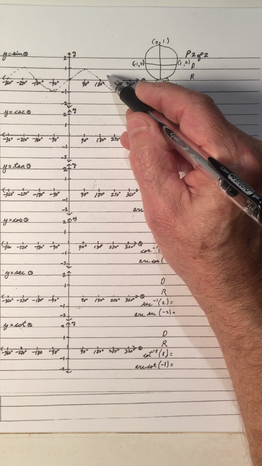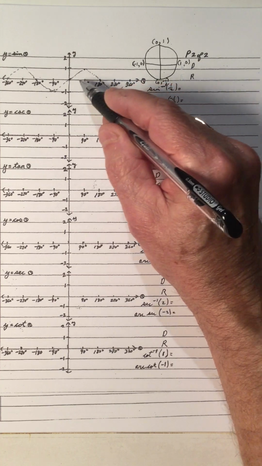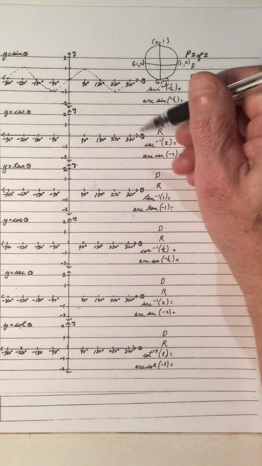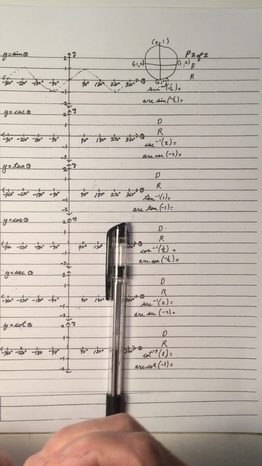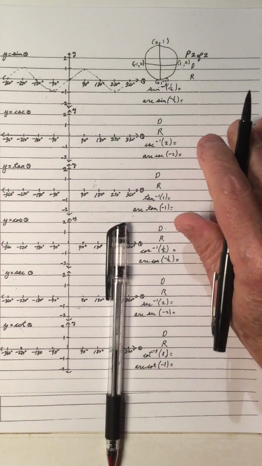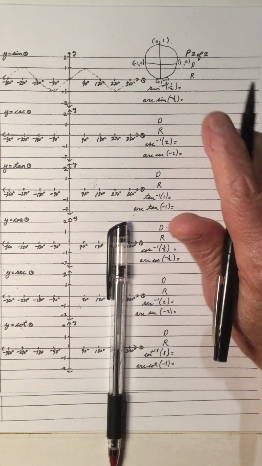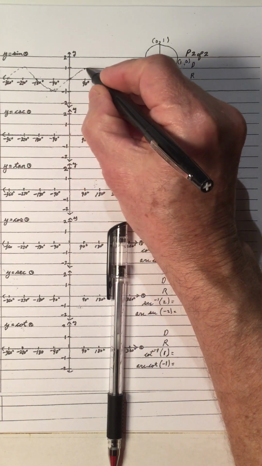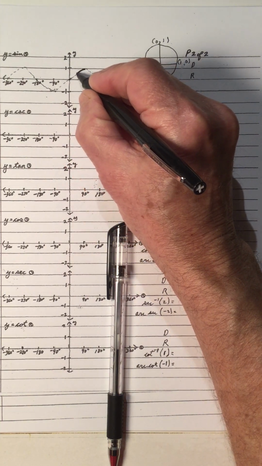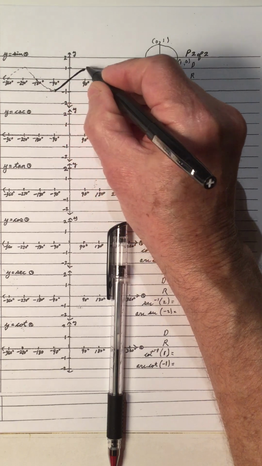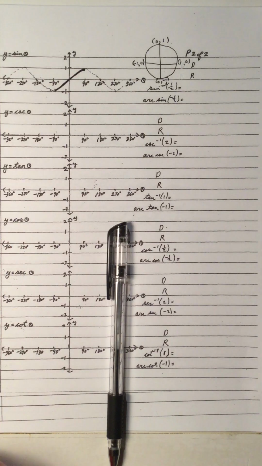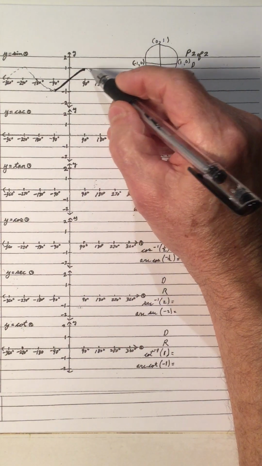So that means we have to restrict the domain. We have to restrict the values of theta. And those values that we restrict for sine are from negative 90 to 90. So we're going to restrict them from here to here. The black is the restriction.